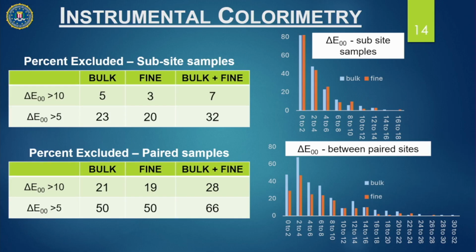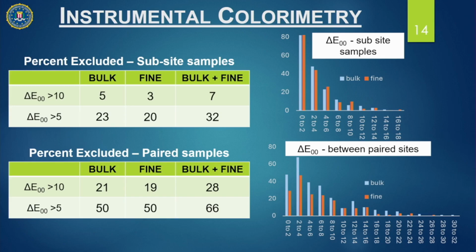If we look at the fine fraction of the soil, we can only differentiate 3% of the soil samples. And if we combine those two, looking at both the bulk and fine, we can only differentiate 7%, which indicates that the samples that are collected close to one another have very similar colors.